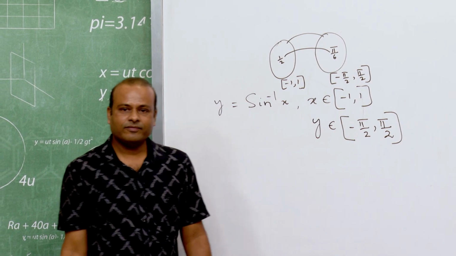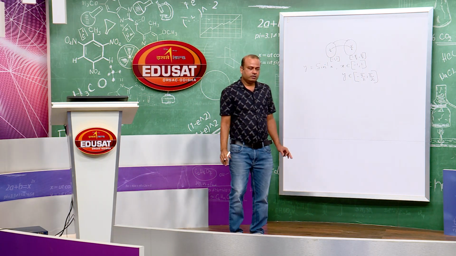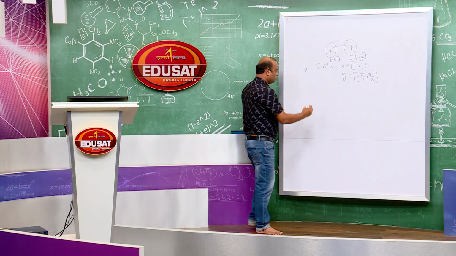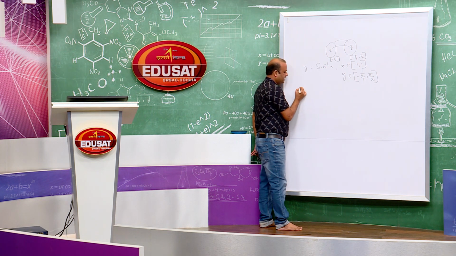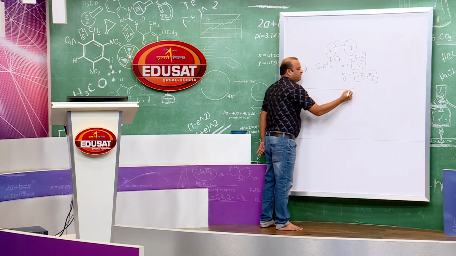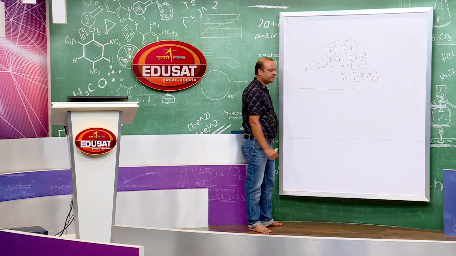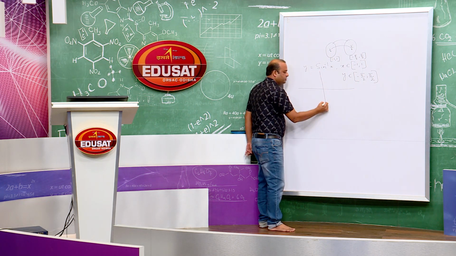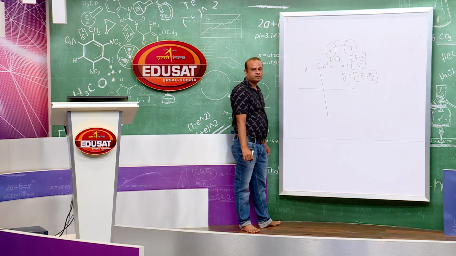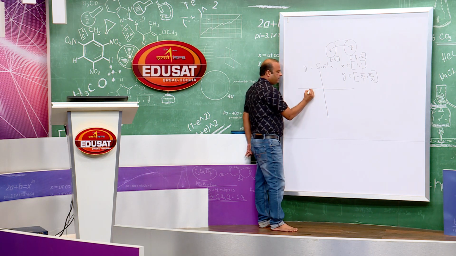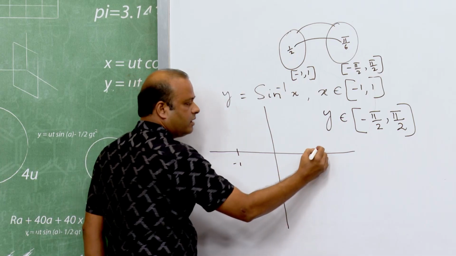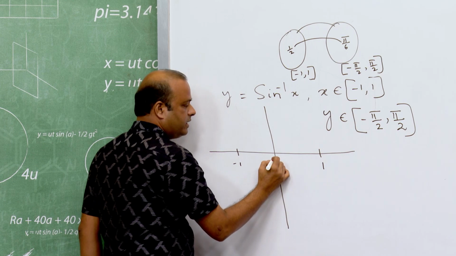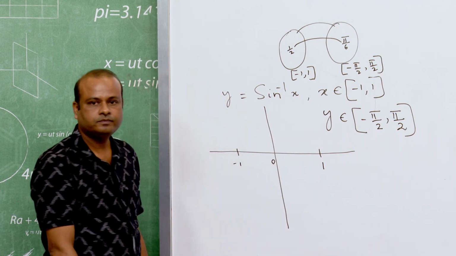So, the graph must be within minus 1 to plus 1. You can see here, this one is your x axis and this one is your y axis. So, here minus 1, here plus 1, here it is 0.